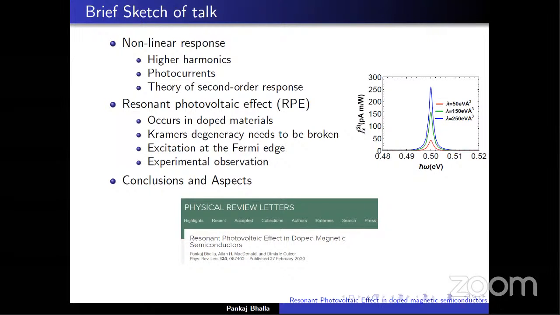Then I will talk about the resonant photovoltaic effect, which can occur only in doped materials, where Kramers degeneracy should be broken, and which can only be generated due to excitation at the Fermi edge. Why these points are important I will cover in later slides. Then I will tell how this effect can be experimentally observed, and conclude with future aspects of this problem.